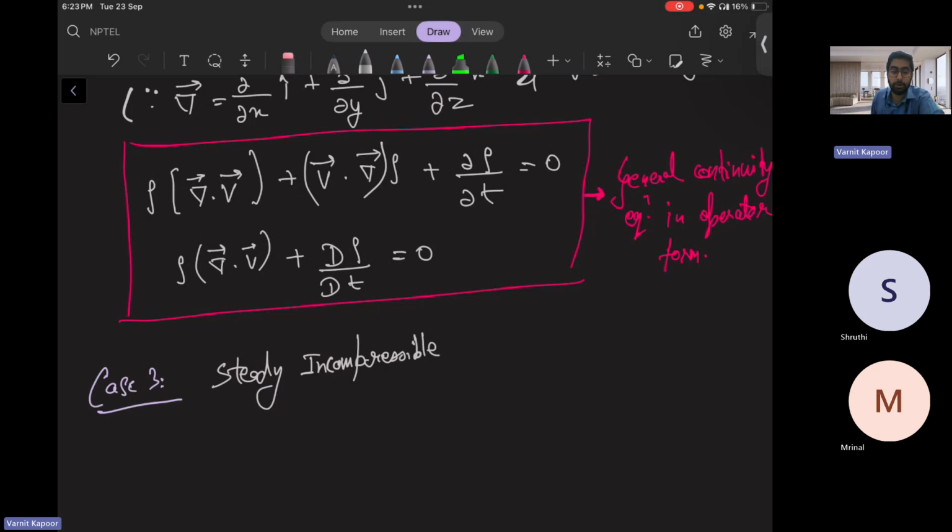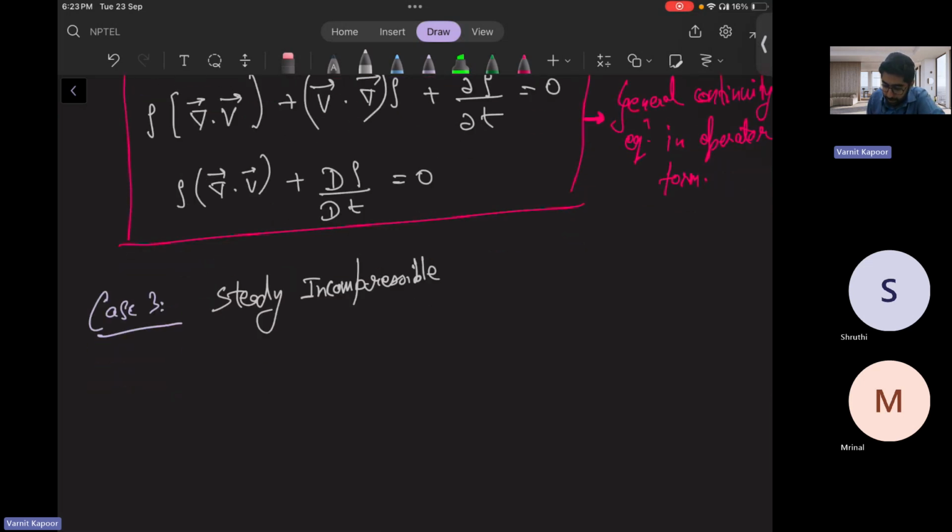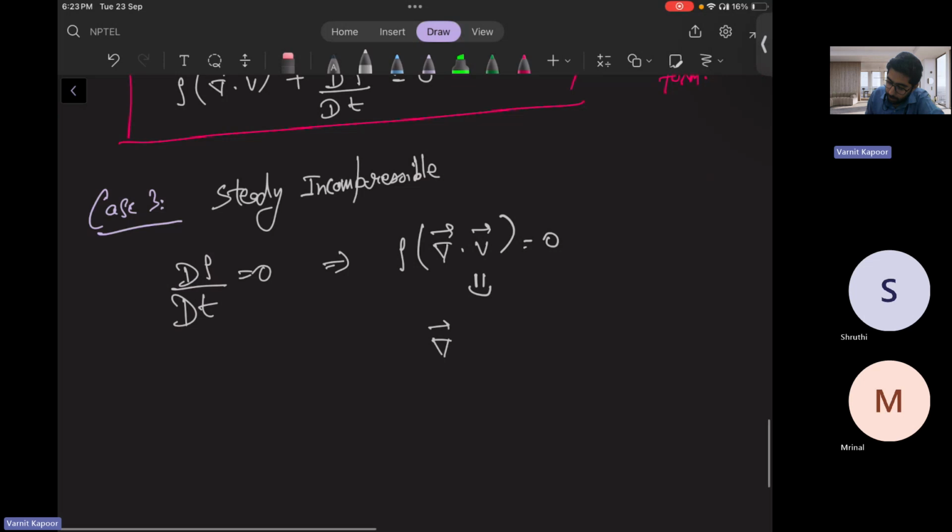Previously I didn't comment anything about compressibility, but now I'm saying steady as well as incompressible. That means d rho by dt is 0. This implies from the above equation that my divergence of velocity will be 0 for steady incompressible cases.